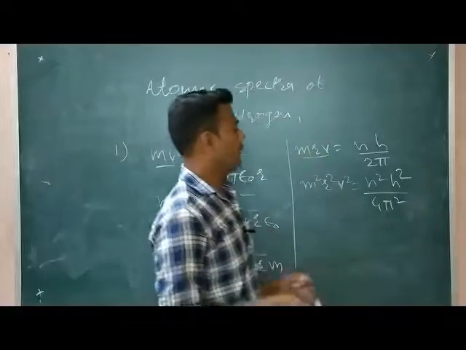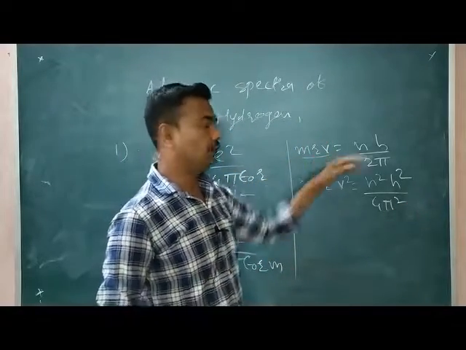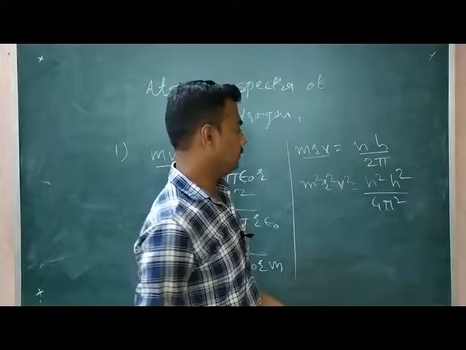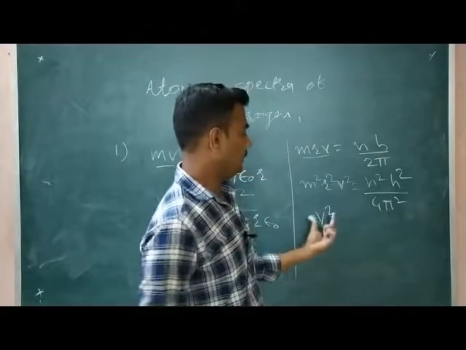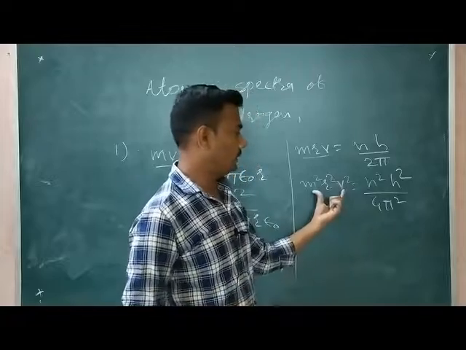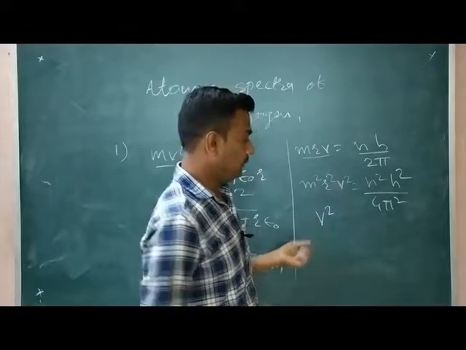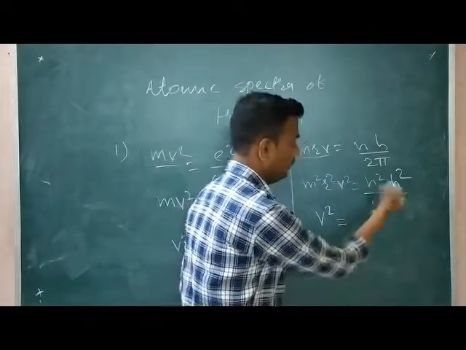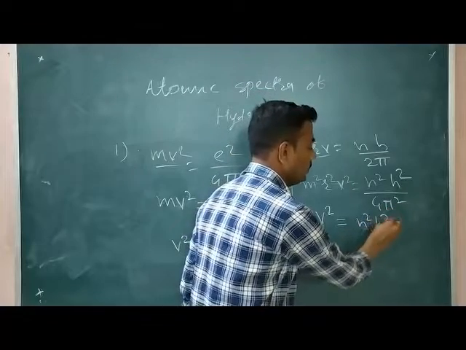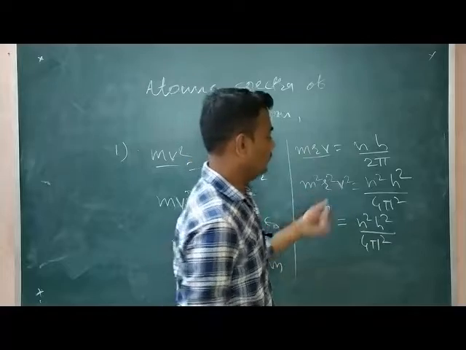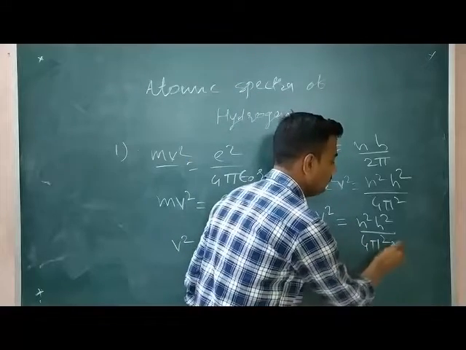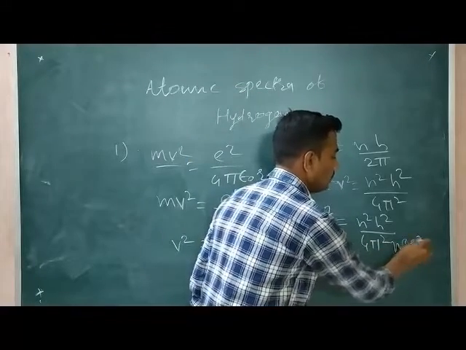Taking v square as common, v square equals n square h square divided by 4 pi square into m square r square.